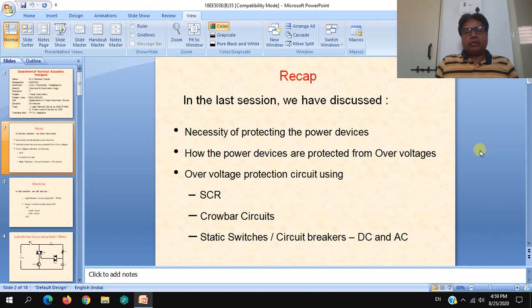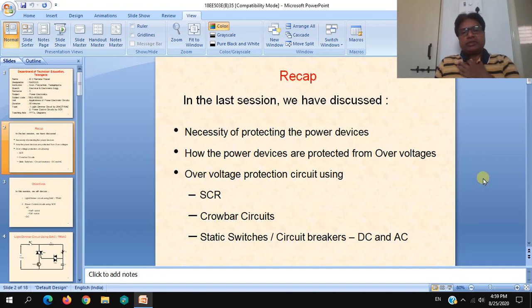So the procedure which is adapted in the over voltage protection by SCRs cannot be followed. In such situations, crowbar circuits are used, which will simply short circuit the supply terminals and the fuse will be blown off to isolate the source as well as the load.